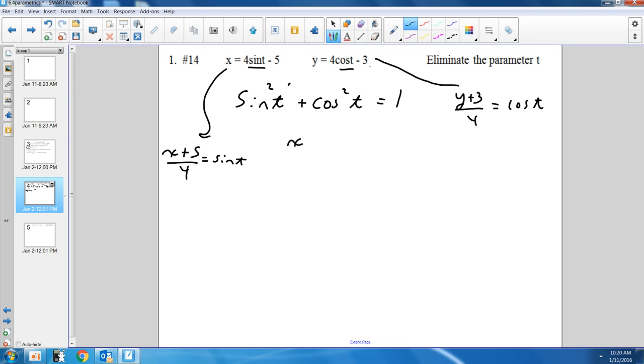So what do you get? (x plus 5 over 4) squared plus (y plus 5 over 4) squared is equal to 1. You just changed these two equations into one equation, and there's no parameter t, so you're basically done with that.